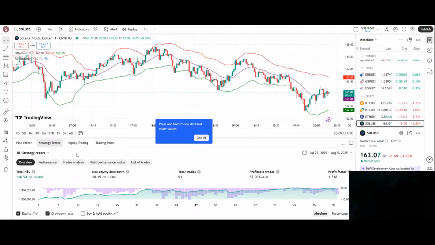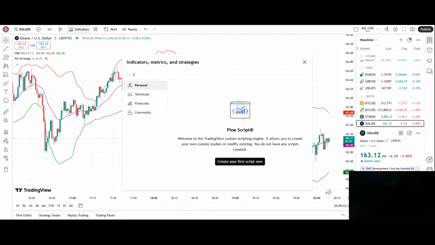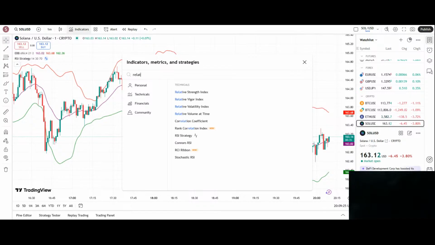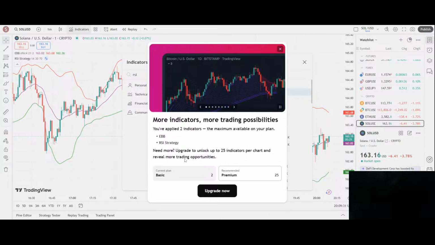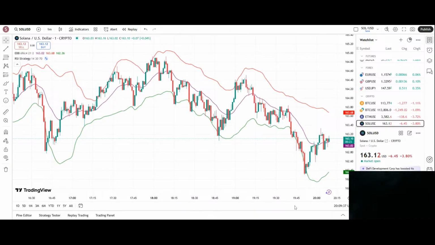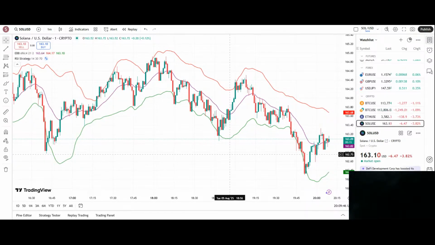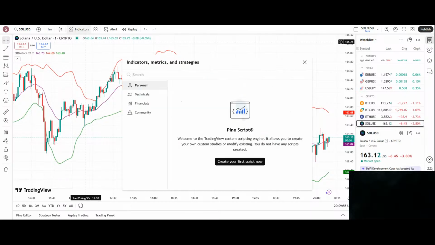No. Minimize. Oh, I think it's the settings inside the relative strength index. All right, relative strength. Okay, how do I have more than two? Should only have one. RSI strategy. That was in there.